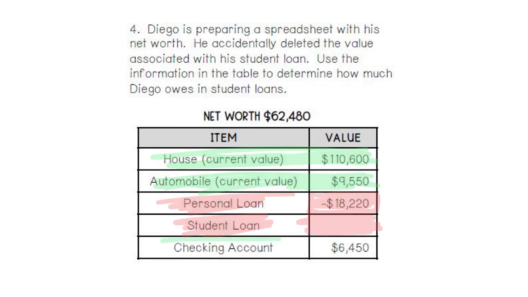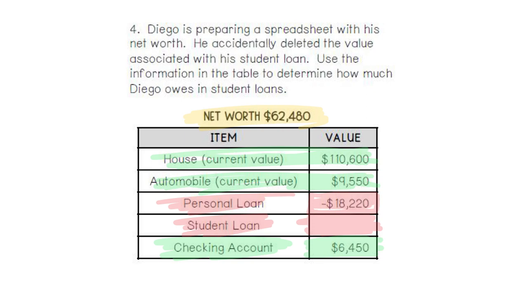And checking account is a balance, the current amount of money he has in his checking account. I know his total net worth is right there. What could I do in order to figure out his missing value? How much does he owe in student loans?